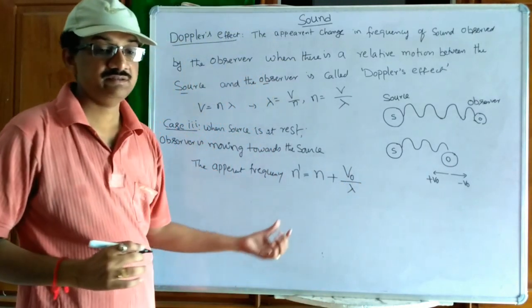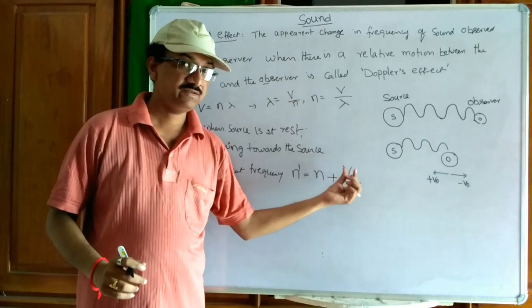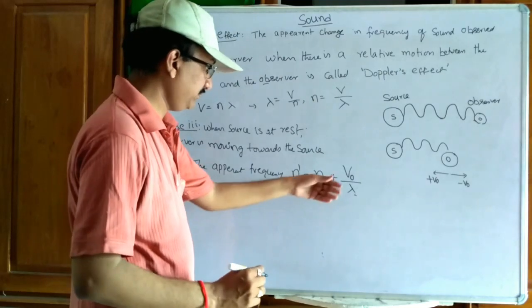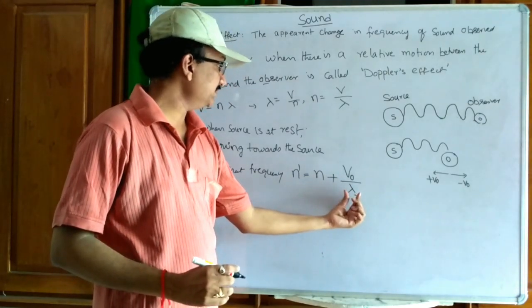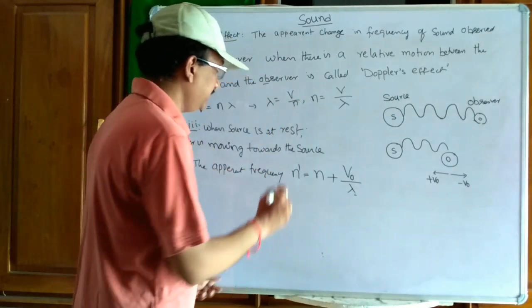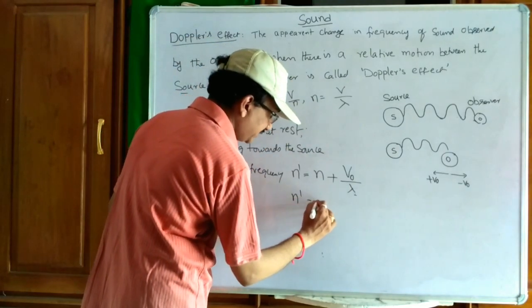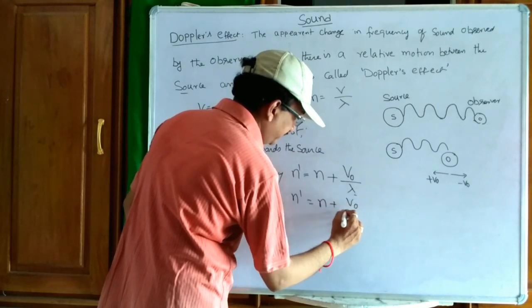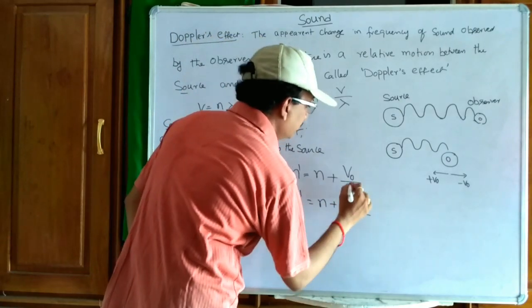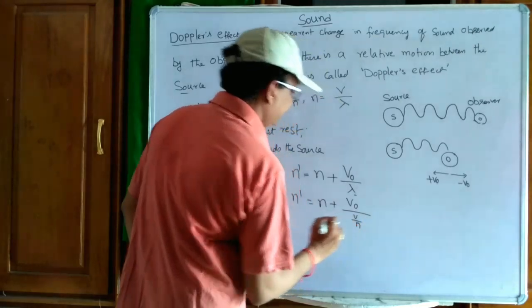That means he receives more waves. N dash is equal to n plus V naught by lambda. Here there is no change in wavelength. So we have to express this wavelength in terms of velocity of sound and frequency. Now replace this lambda with this V by n. Then n dash is equal to n plus V naught divided by lambda, that is V by n.